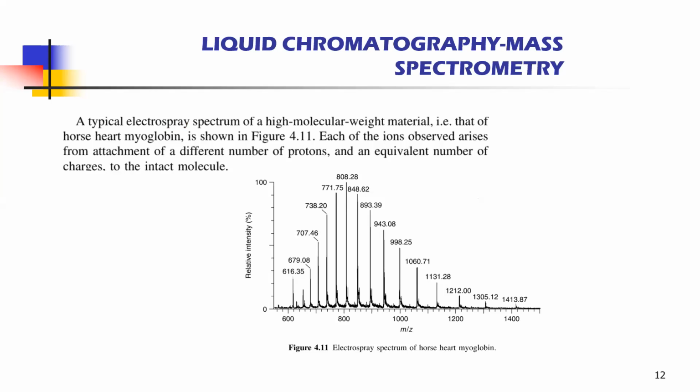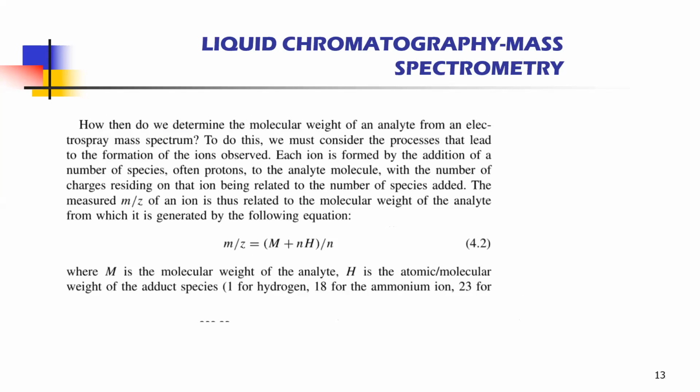Now, how do we interpret the spectrum? When we obtain this kind of spectra, how to interpret it, we will discuss in this slide. For calculating the molecular weight of an analyte from an electrospray mass spectrum, we consider the process that leads to the formation of the ions observed.